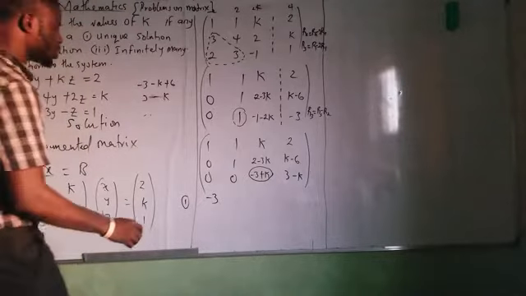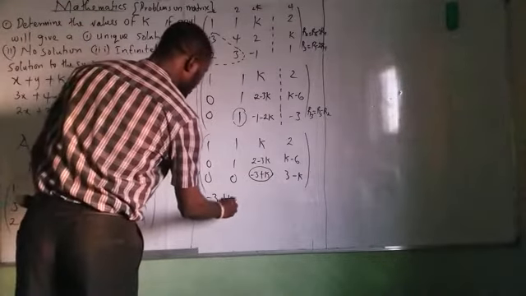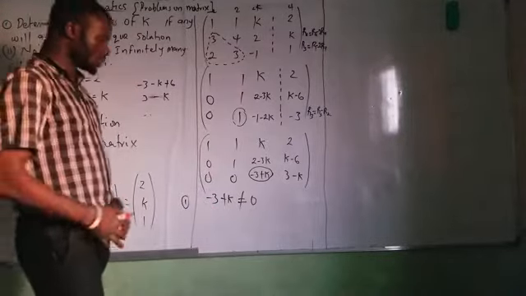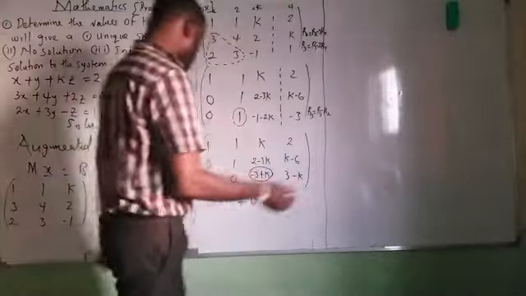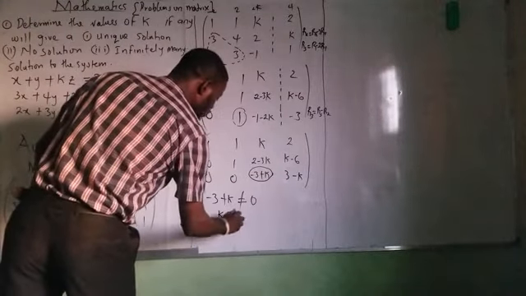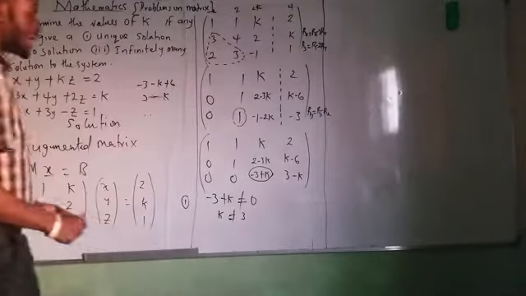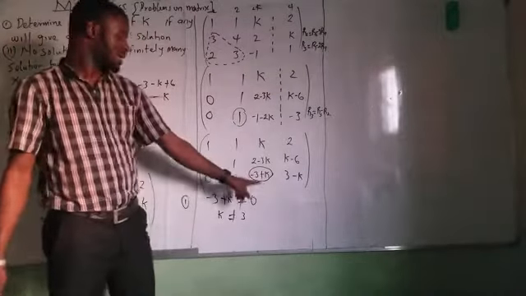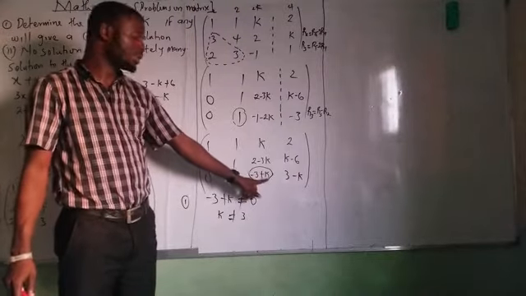Now, unique solution means minus 3 plus k is not equal to 0. If it is not equal to 0, it means my k is not equal to 3. For us to have a unique solution, k must not be equal to 3.